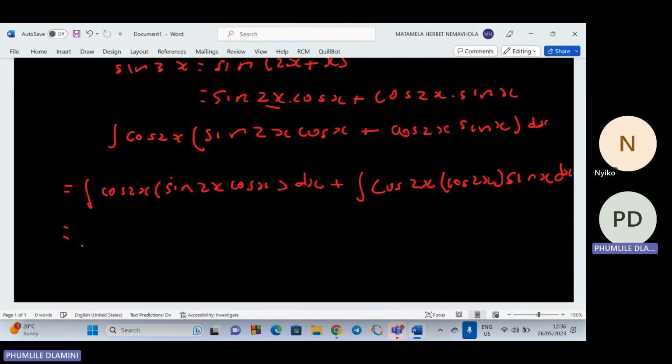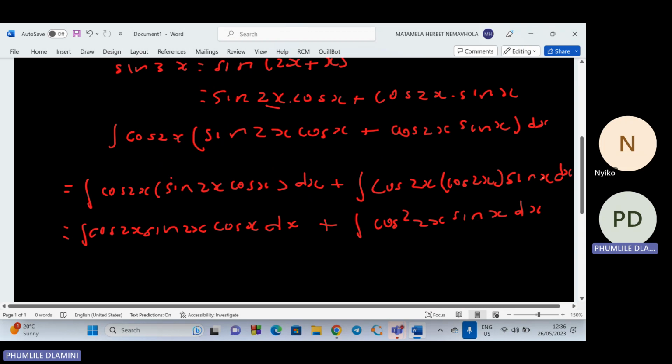Now we can rewrite it, we are not changing anything, we are just rewriting the first as the integral of cos 2x sine 2x cos x dx. Plus this integral is going to be cos squared 2x sine x dx.